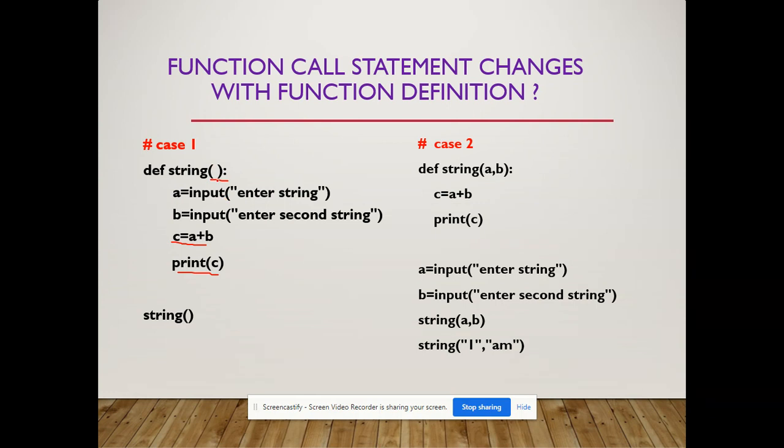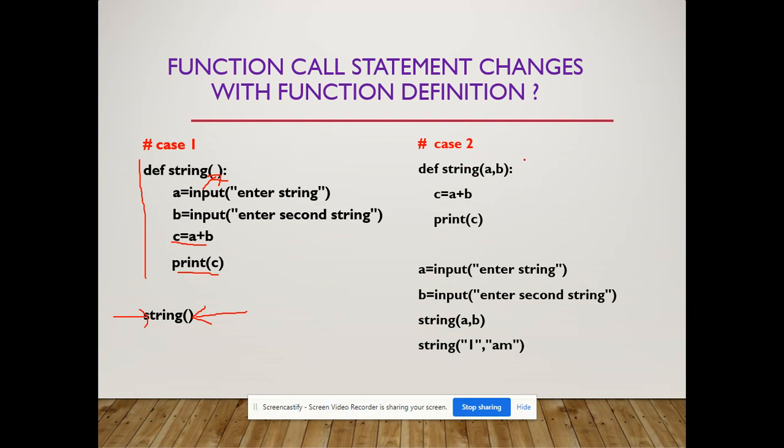Is it accepting any argument? No. So when it is not accepting any argument, how is the function call statement? This is function call statement. You are not supplying any values while calling this function, right? So this is function, and this is the main program statement where you are not supplying any arguments.